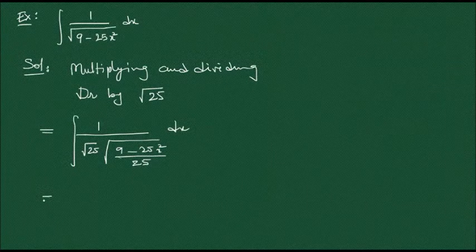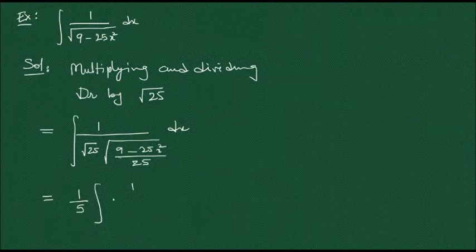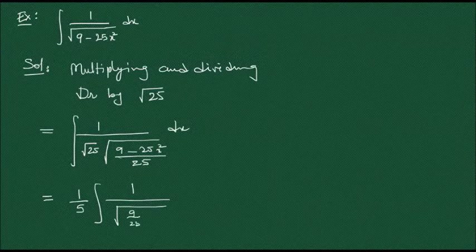So that is equal to 1 by root 25. I am making it as 1 by 5. I am putting it outside the integration. 1 by root of 9 by 25 minus x square dx.